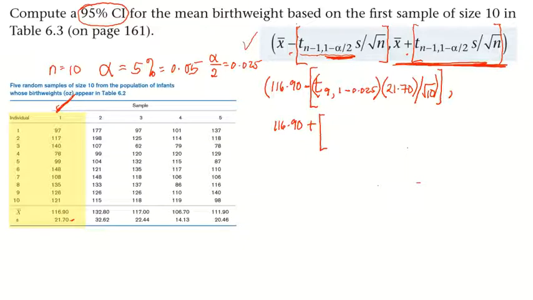Okay, we're going to add it to the value of t with 9 degrees of freedom and the 1 minus 0.025 percentile, times the standard deviation 21.7 divided by the square root of the number of samples. So we now have replaced most of our variables with the actual values.